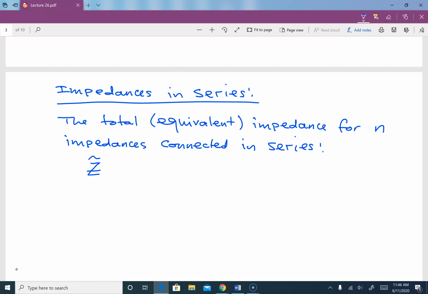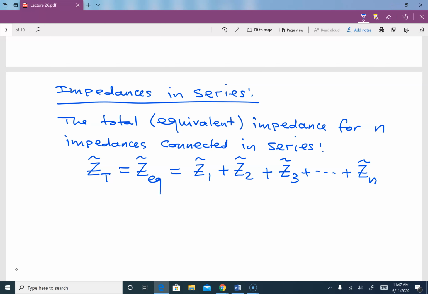So Z total is equal to Z equivalent, and that is equal to Z1 plus Z2, and all of these are phasor quantities, plus Z3, it depends how many impedances in that series combination.